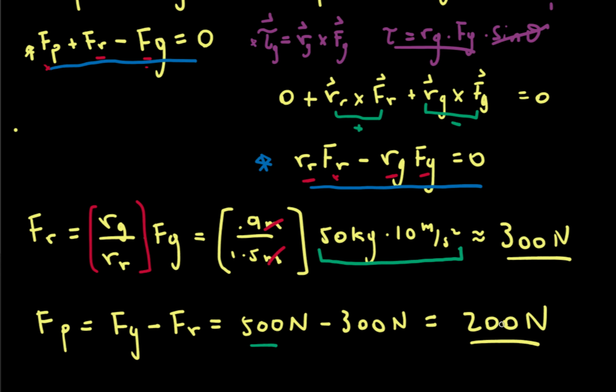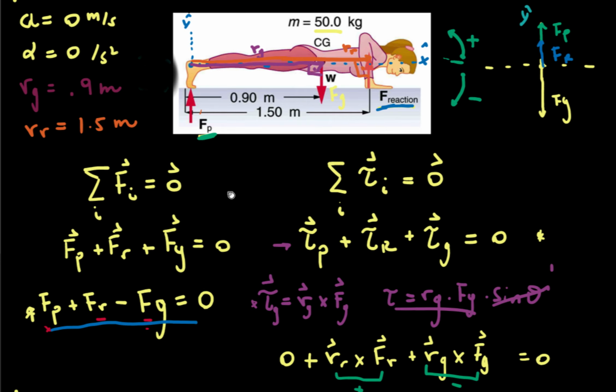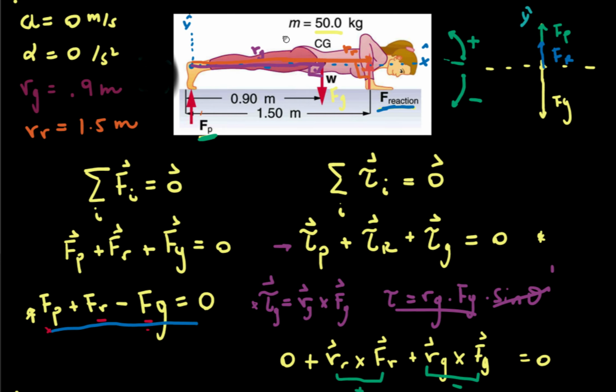Okay, so that is how you use torques to solve a problem like this. Just to review the entire problem, if you look at this image and you were just asked to find F_P and F reaction, and you were not told that you need to use torque, you're going to run into this problem.